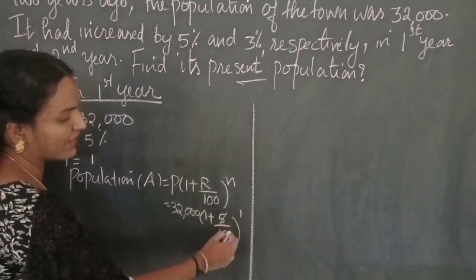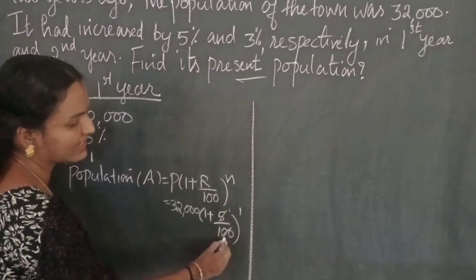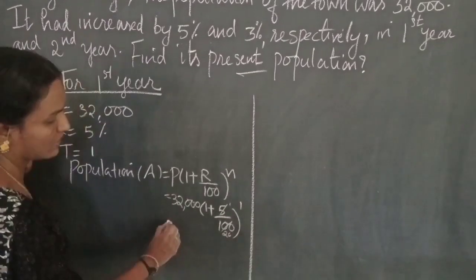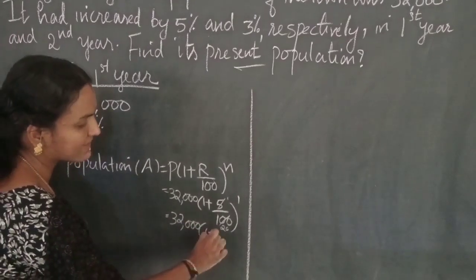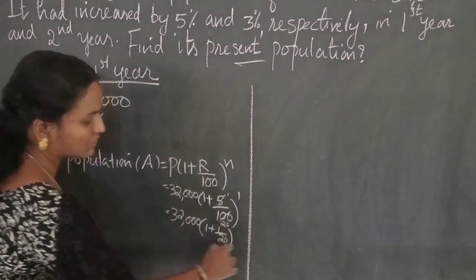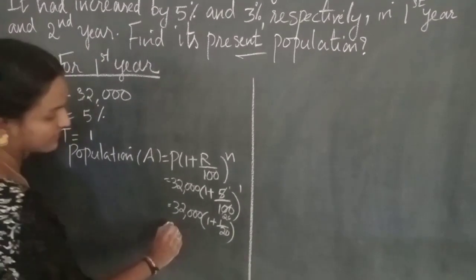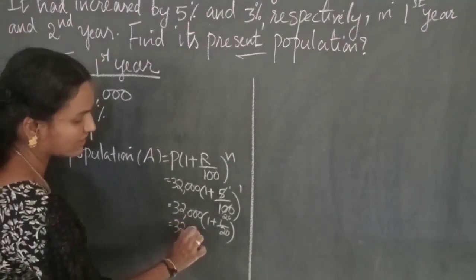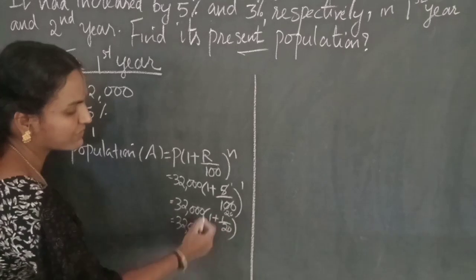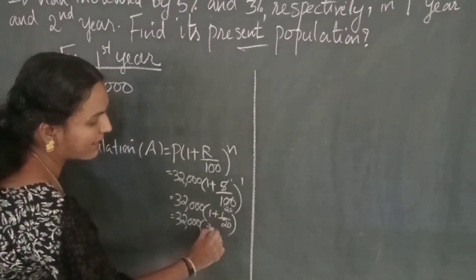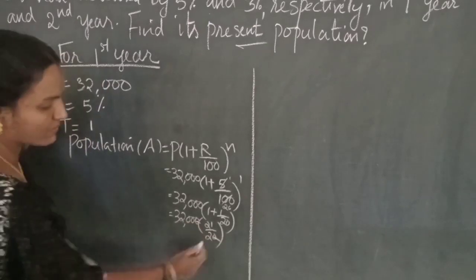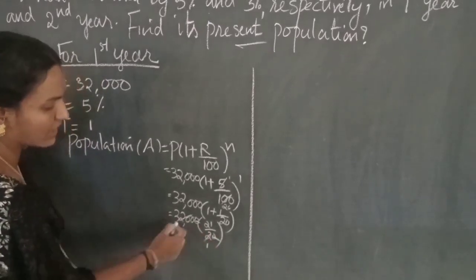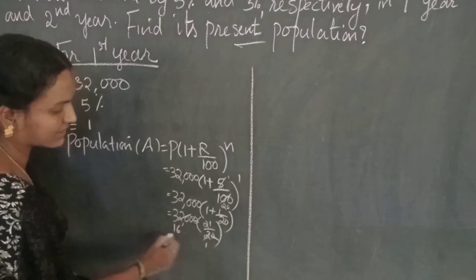You can cancel 5 and 100. 1 5 is 5 and 2 5s are 10, 0. So 32,000 into 1 plus 1 by 20 is equal to 32,000 into, by using the LCM, 20 plus 1, 21 by 20. You can cancel 0 and 0. Here 1 2 is 2 and 16 2s are 32.